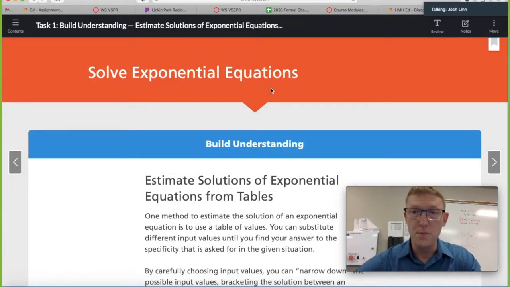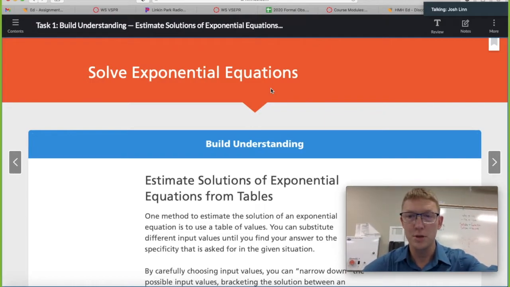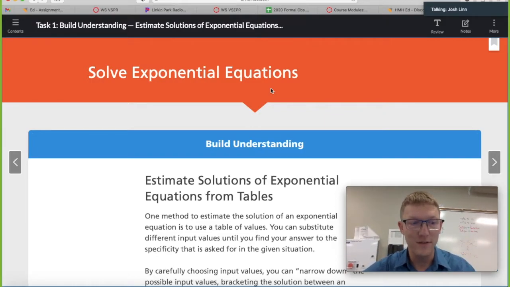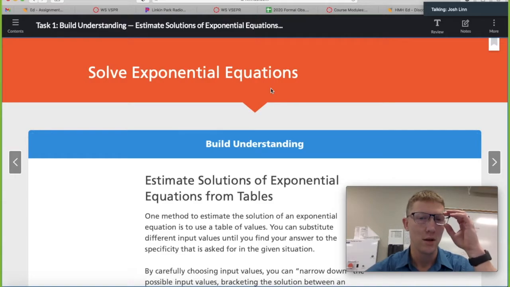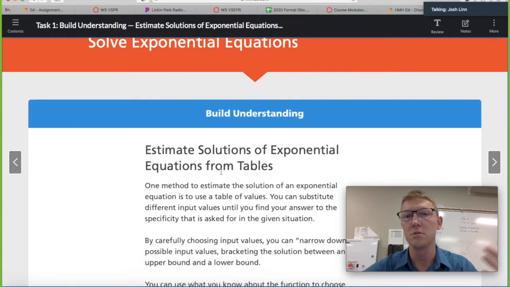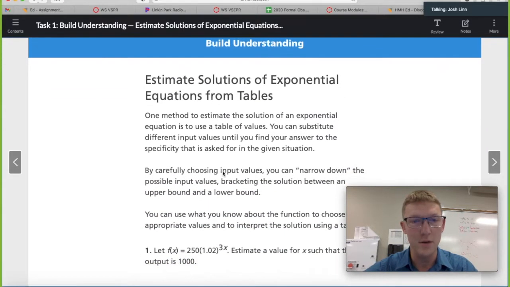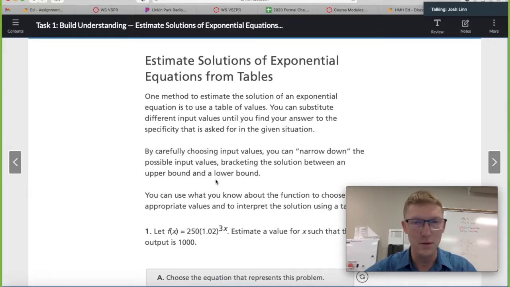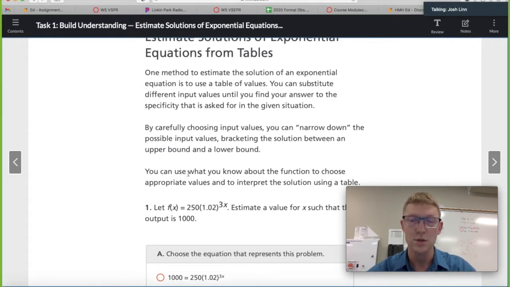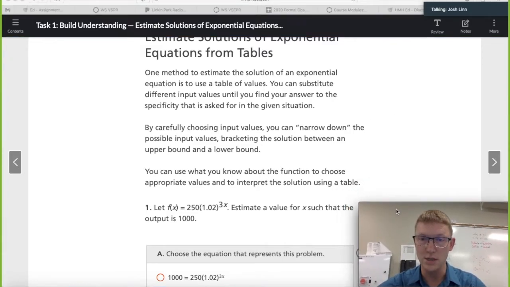So the first method for solving our exponential equations is basically the glorified calculator method. Other than just shoving the actual equation into the calculator, let's say we didn't have the ability to get a precise answer, we can use the calculator function to narrow down and or estimate the actual value of the equation.